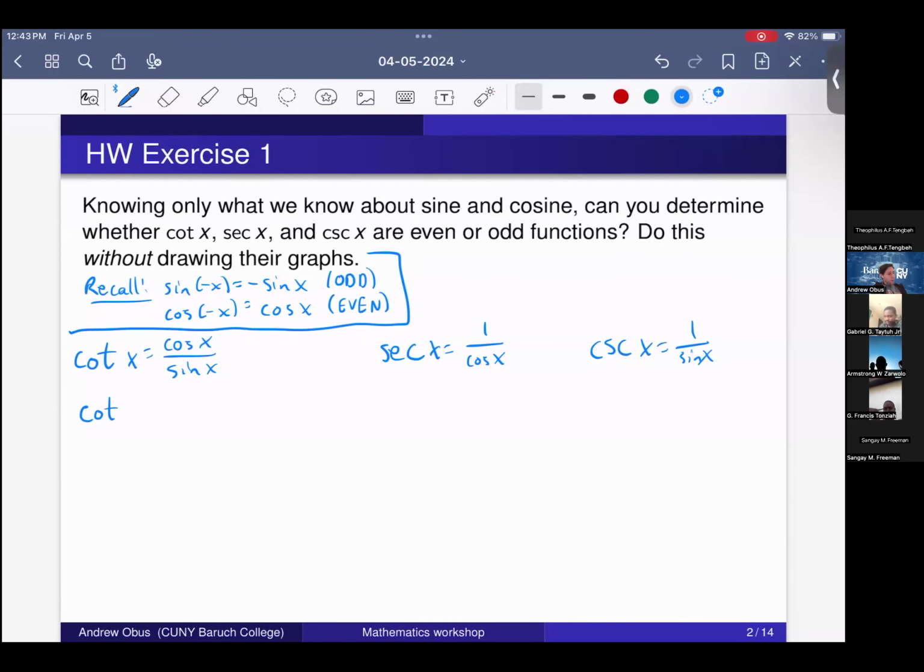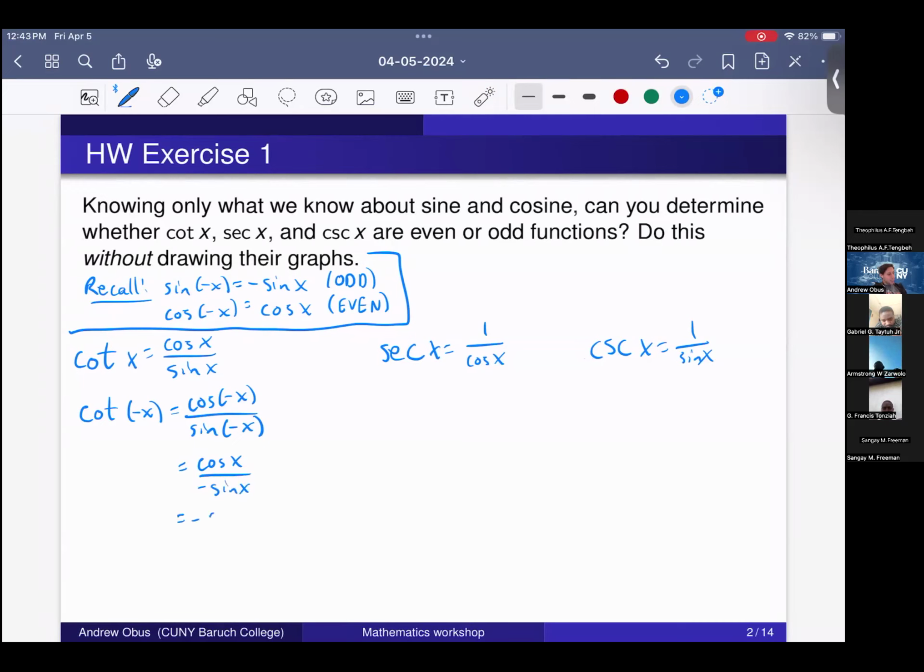If we have cotangent of minus x, this is cosine of minus x divided by sine of minus x. And now we have our chart. We remember what's going on with sine and cosine. Cosine of minus x is the same as cosine of x. Sine of minus x is the same as minus sine of x.